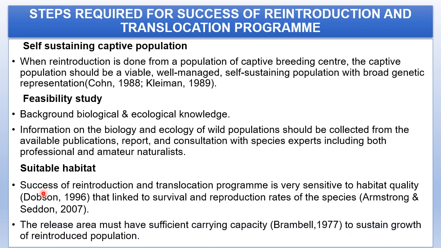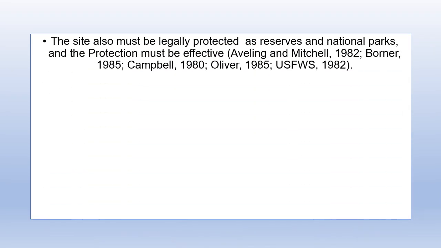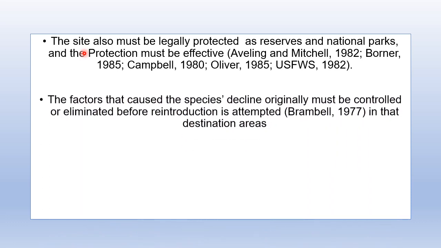The release area must have sufficient carrying capacity to sustain growth of the reintroduced population. The release site also must be legally protected as reserves and national parks, and the protection must be effective.